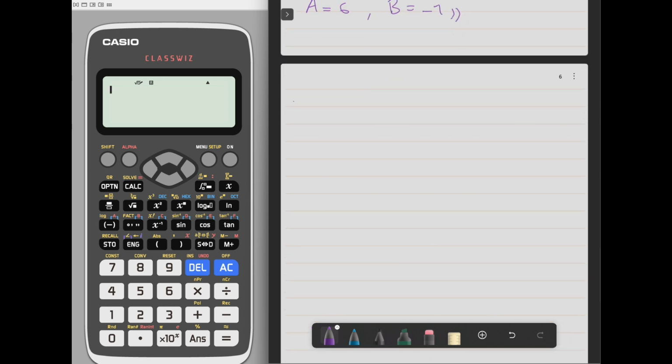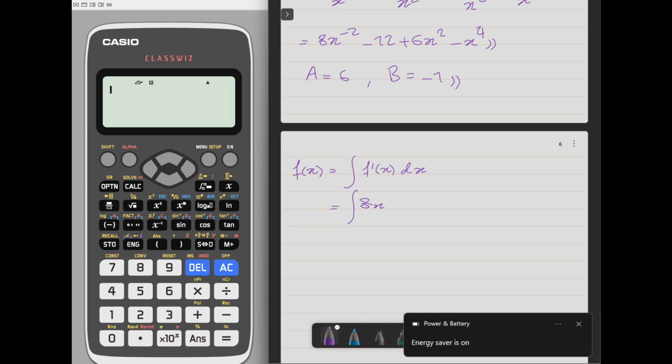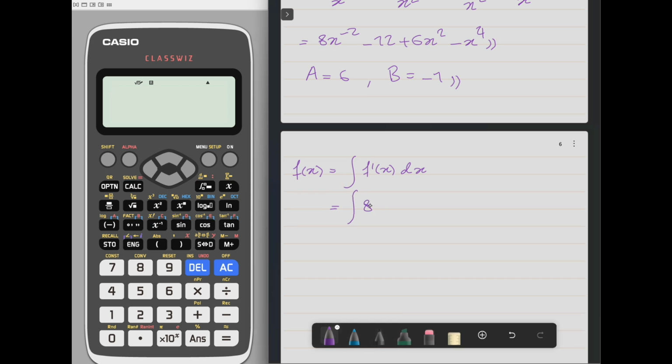We know that f of x is equal to the integration of f dash x with respect to x. So it is going to be the integration of 8x to the power of minus 2 minus 12 plus 6x squared minus x to the power of 4 dx.